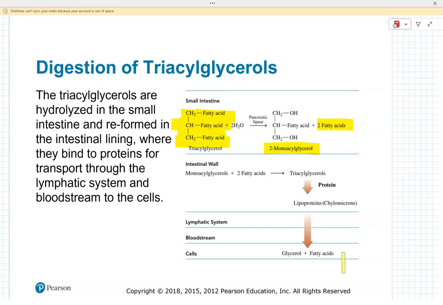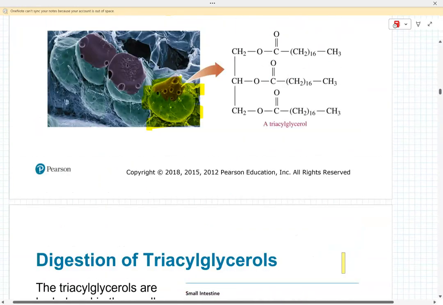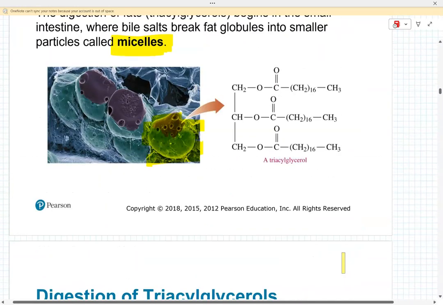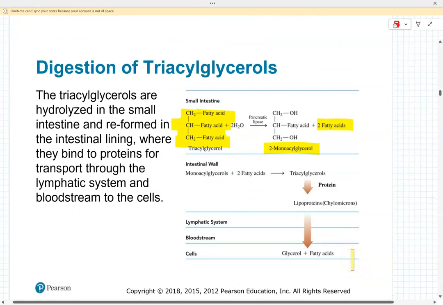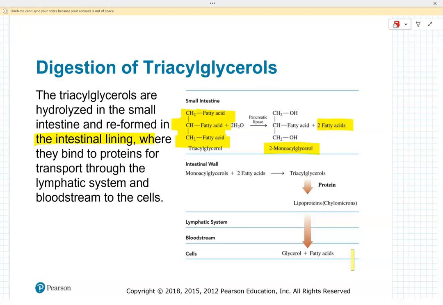You package it into micelles, as we mentioned, okay? And these products of breakdown are moved into the cells of the intestine, where they recombine back into triacylglycerols. Sounds good?